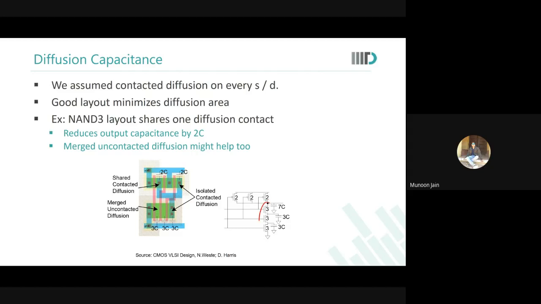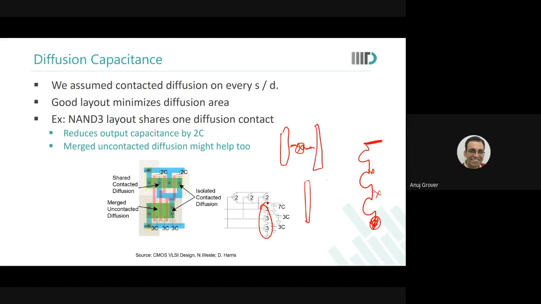In this NMOS stack over here, you need a contact at the output and you need a contact at the ground terminal. In between here, you do not need contacts. Am I right? Yeah. So since you do not need contacts, your polys don't need to maintain the spacing between contacts. The polys can actually be drawn much closer.